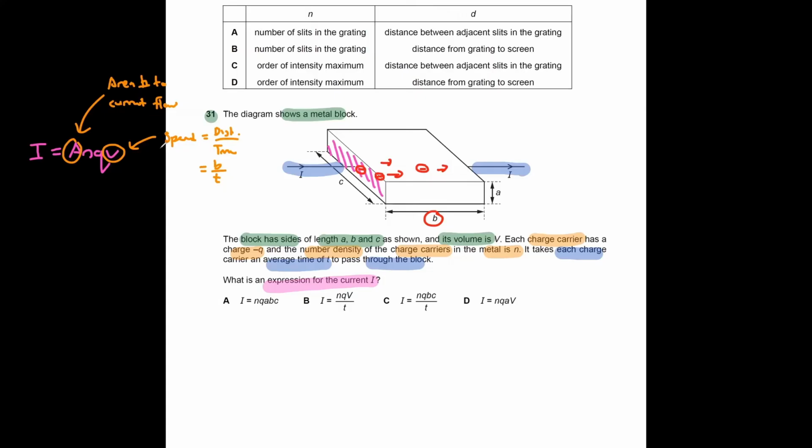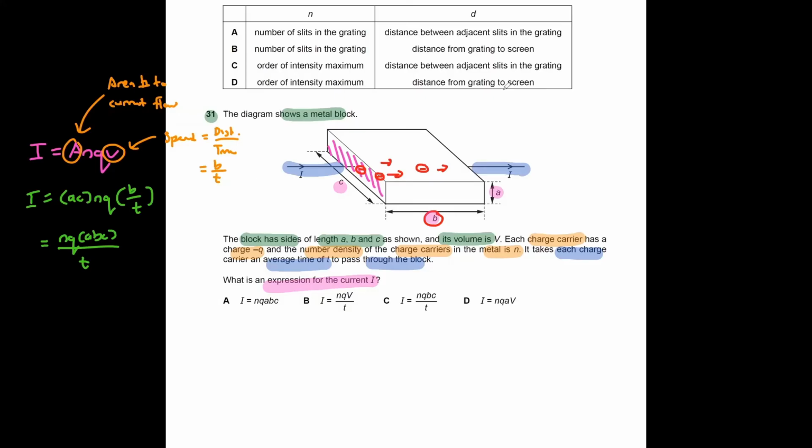So now what you just need to do is sub in these two pieces of information. You can say that I equals AC times N times Q times B over T. And then from there, you will be able to say this is NQ times ABC over T. Now, ABC is basically you multiplying all three sides together.